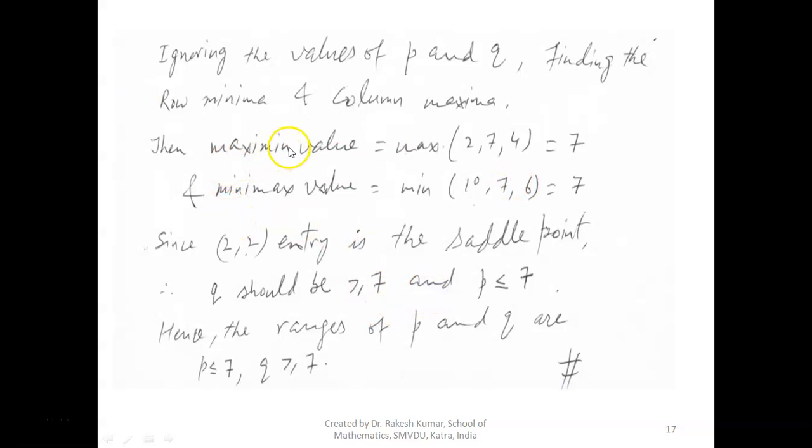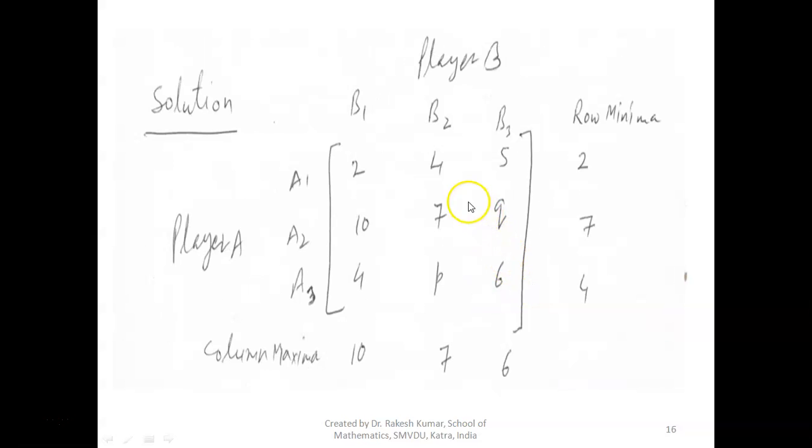So take the maximum value of the row minima. The maximum of this is 7 and the minimax is again 7. Now this 7 would be the value of the game. So for entry 2 to be the saddle point, Q should be greater than 7 and P should be less than 7. Let us see back.